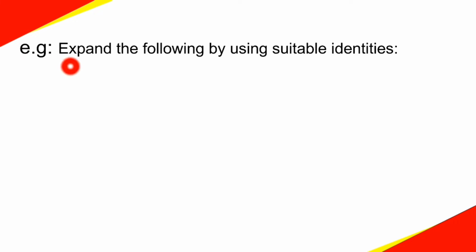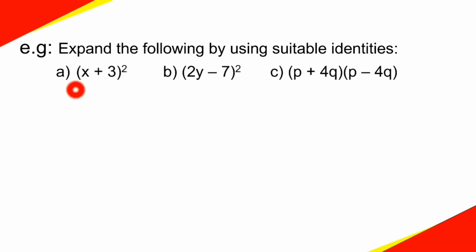Example, expand the following by using suitable identity. Option A, (x + 3)². B, (2y − 7)². Option C, (p + 4q)(p − 4q).